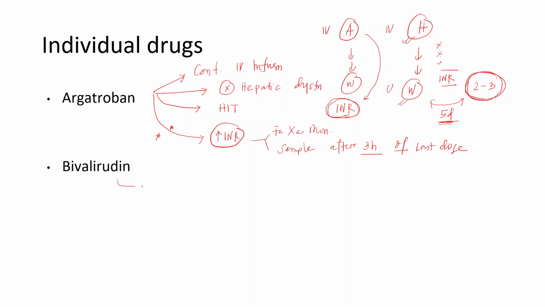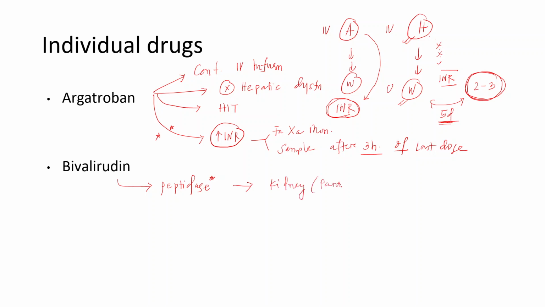Bivalirudin, I told, is not cleared by kidney or by liver. A peptidase enzyme actually cleaves the bivalirudin, and it is partially excreted by the kidney. Only partially.